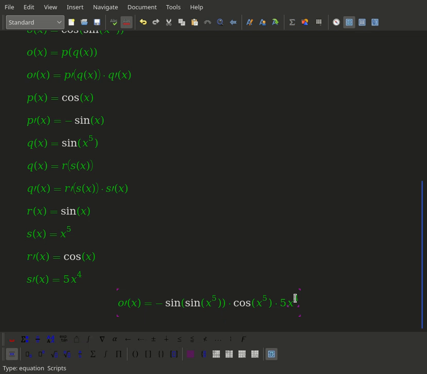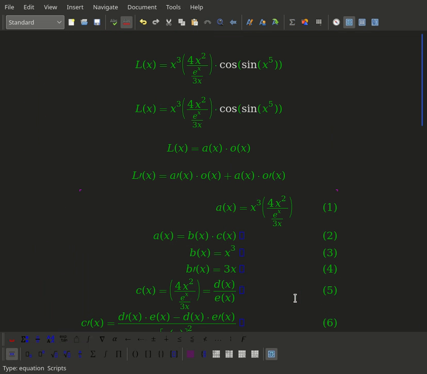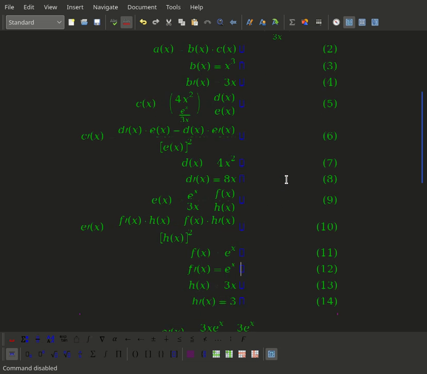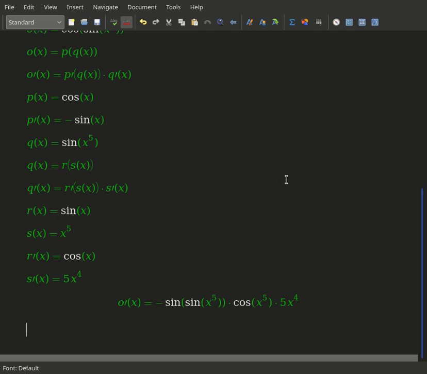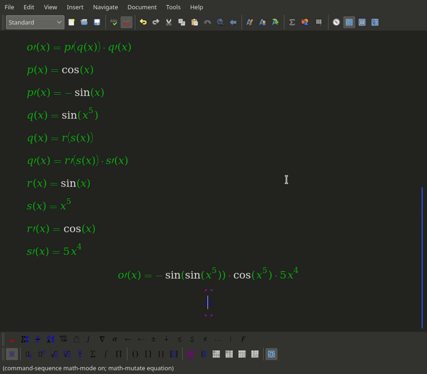Now, if we wander way back up to the top, where our original problem is, we need this. So we can take that all the way down to the bottom. Insert math display, drop that in here. So now we can do happy fun time, copy, replace.